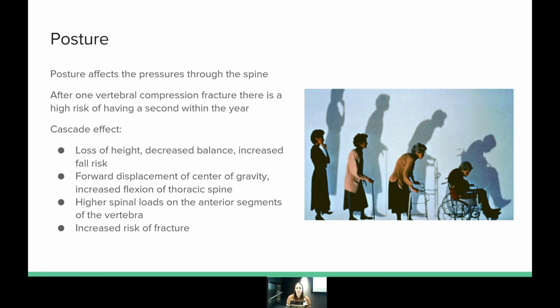That causes more of a forward displacement of your center of gravity and increased flexion of your thoracic spine, as you can see in some of these pictures. And that causes higher loads on the anterior segments of your vertebra, which in turn increases your risk for fracture. So it's a bad cycle that we'd rather tackle before we have a compression fracture, and that's one of the things that Karen will be talking about specifically with exercises.